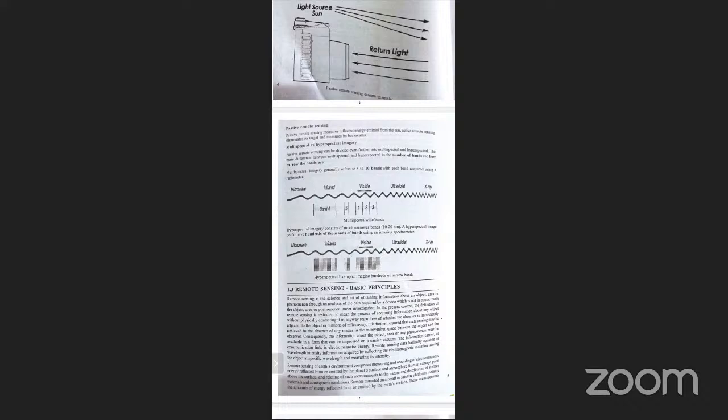As per these three visible ranges, the light is absorbed or released from the sunlight, falls on an object, and is released into the atmosphere.